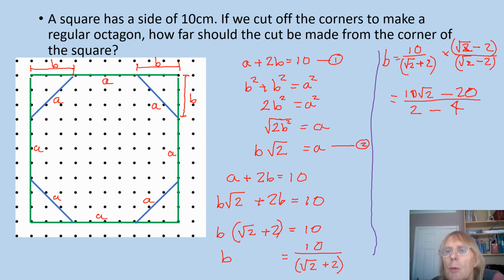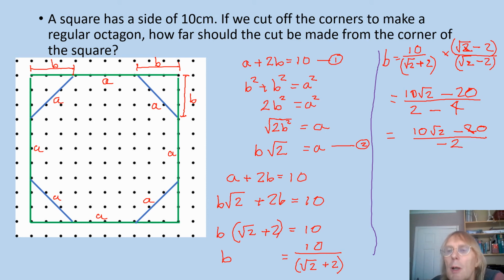So that will all equal 10 root 2 minus 20 all over minus 2.